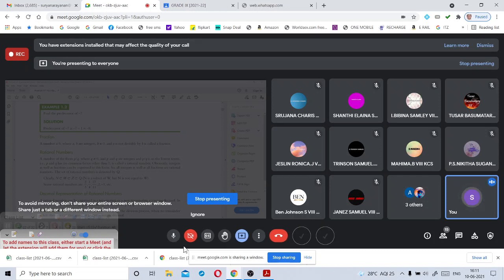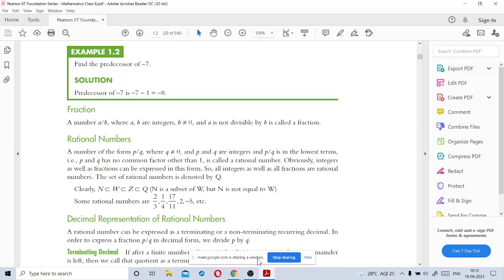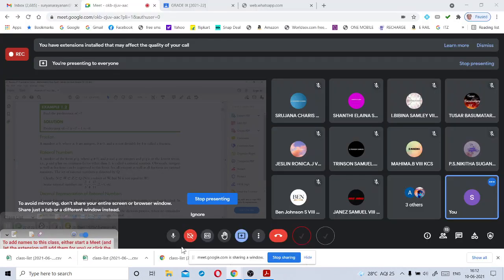The simplest form of a fraction, or lowest terms of a fraction? Sir, they are irreducible. Not irreducible, ma. I want exact terms.